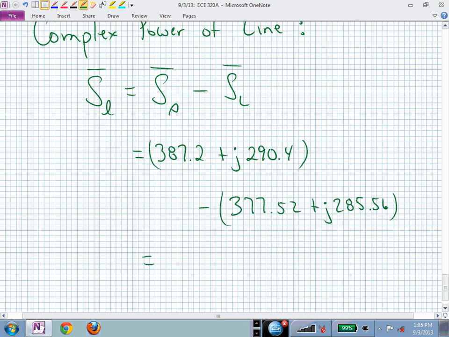And if we take the difference of those complex numbers, hopefully I did the math right, we get about 10 watts lost in the transmission line in this example, plus j4.84.